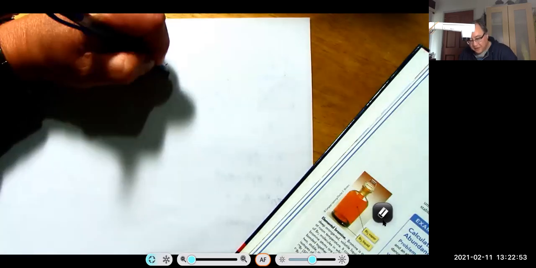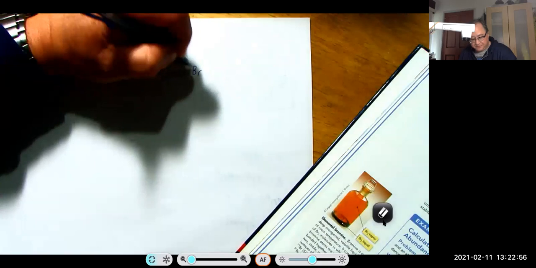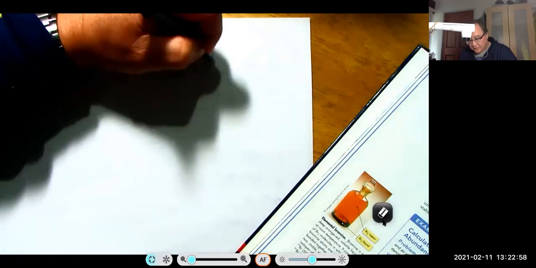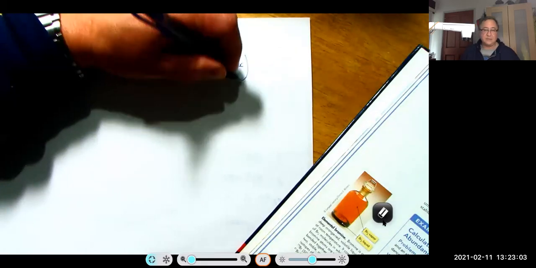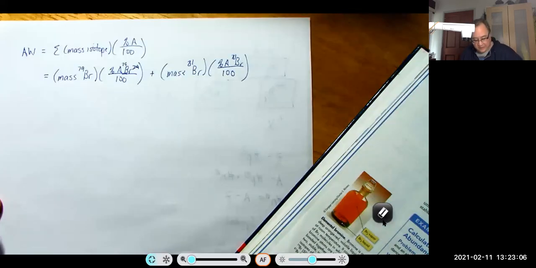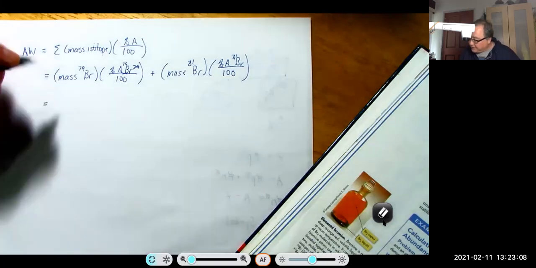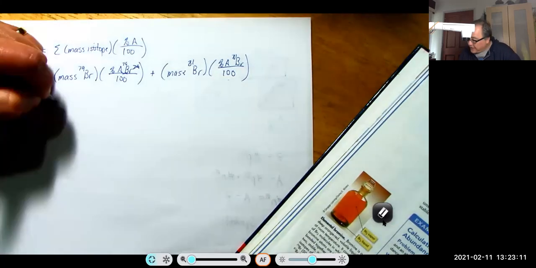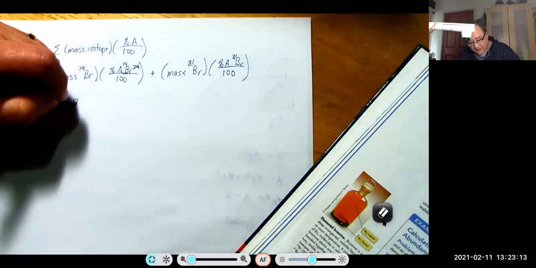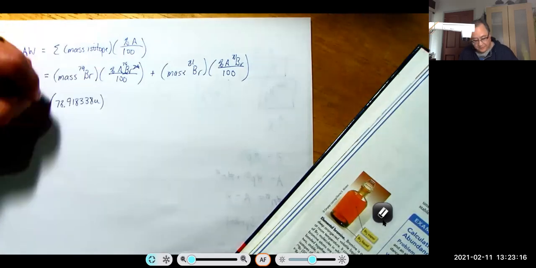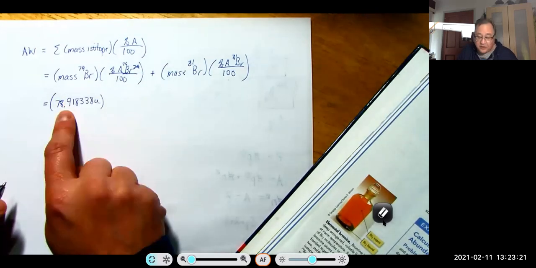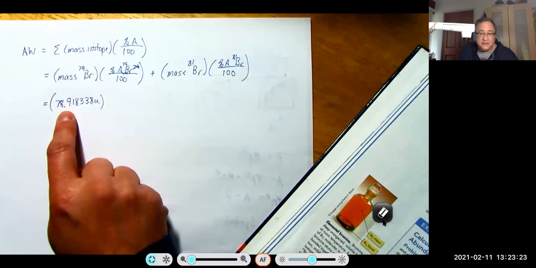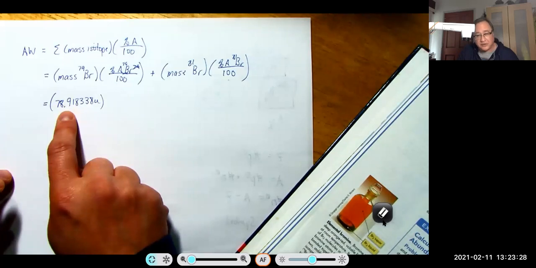So the mass of bromine 81 times the percent abundance of bromine 81 over 100. They give us that the mass of bromine 79 is 78.918338 U. And the reason I call it bromine 79 is you can see that the mass is really close to 79, which means it has 79 protons and neutrons.